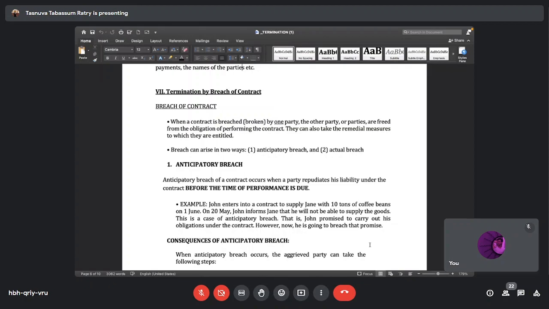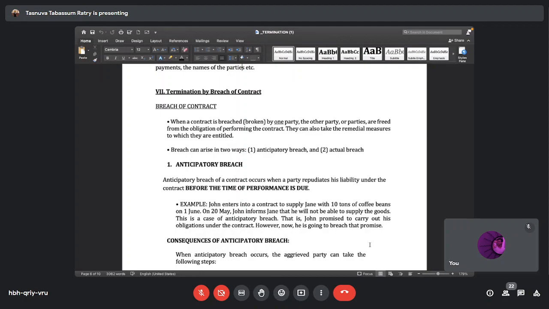Another example would be, say, I'm a seller and I have made an agreement to sell my car.